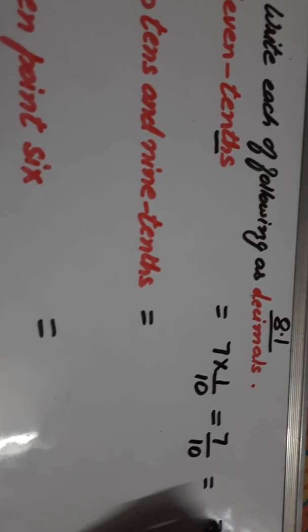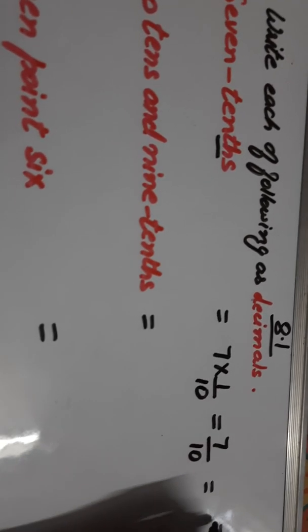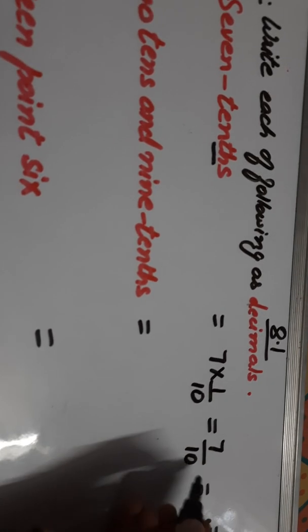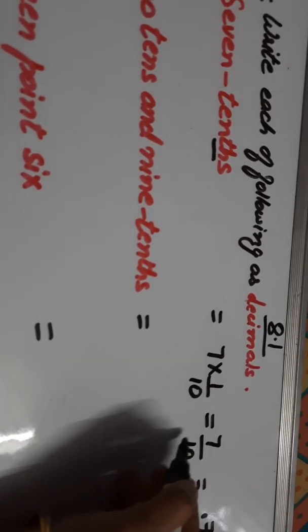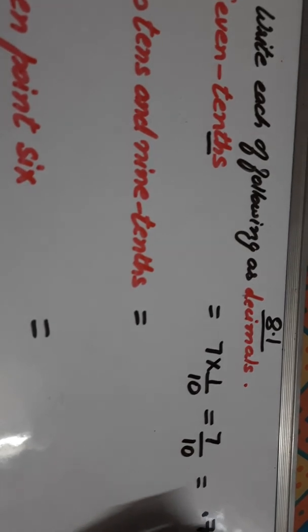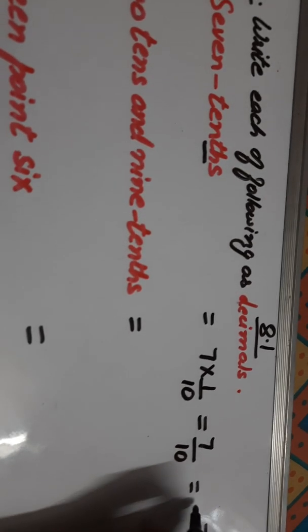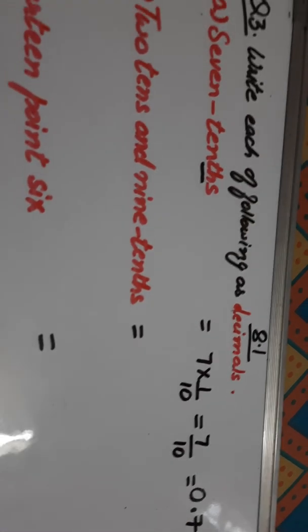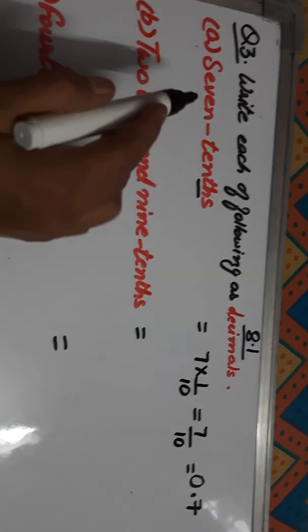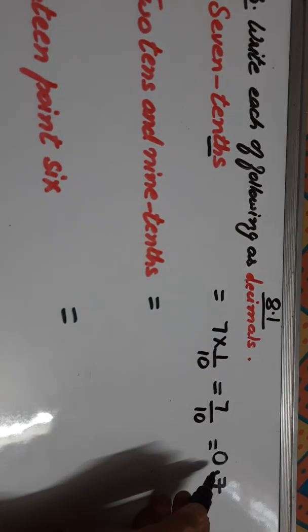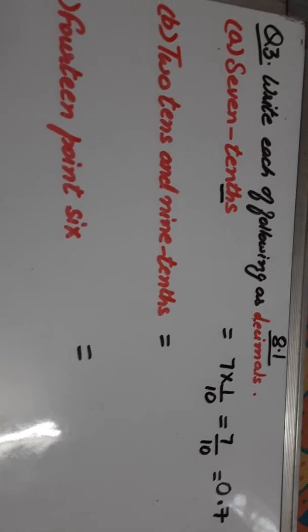So we'll take 7 as one digit, then we'll place a decimal for this 10. As 10 carries only one 0, we will take only one digit after the decimal. If no digit is here, we'll place 0. So the number 7/10 is represented as 0.7.